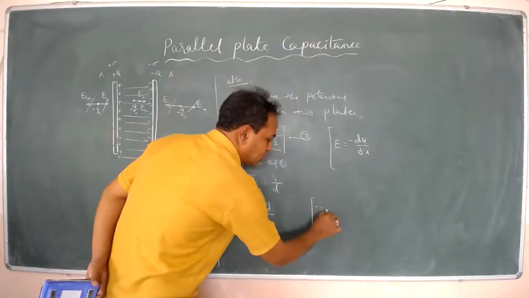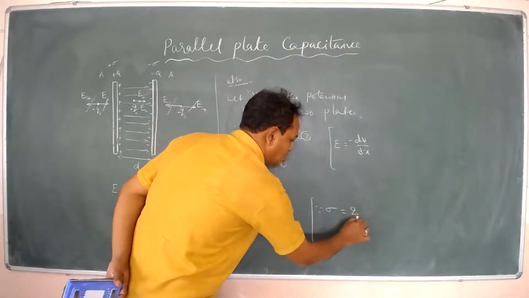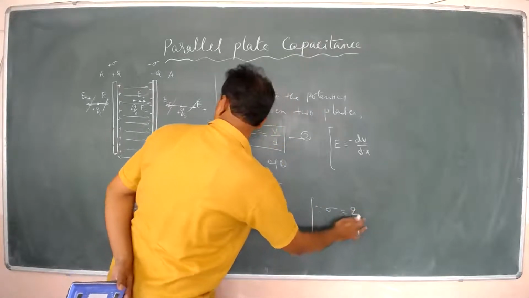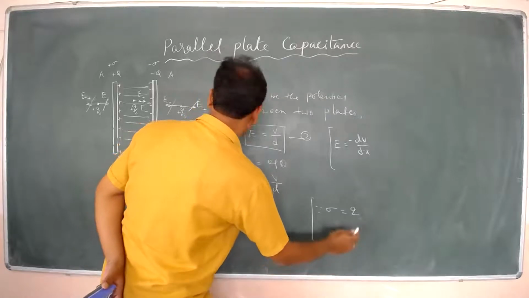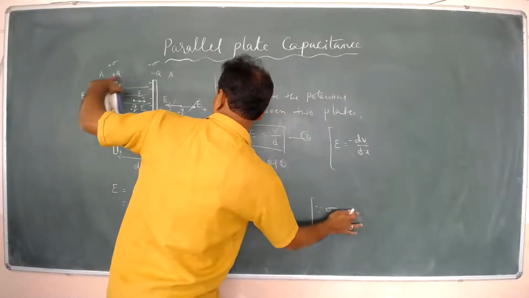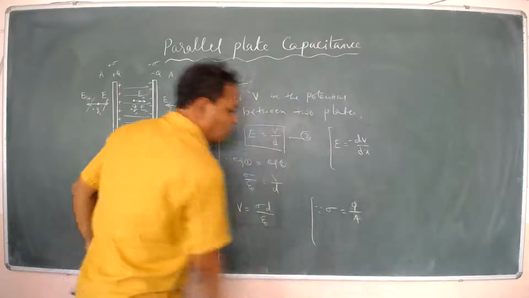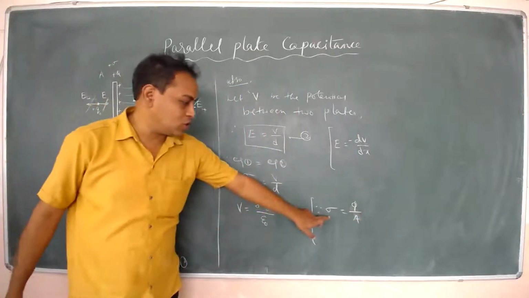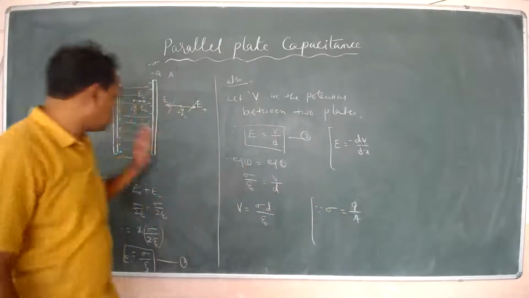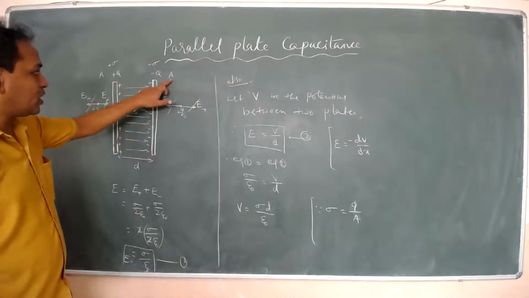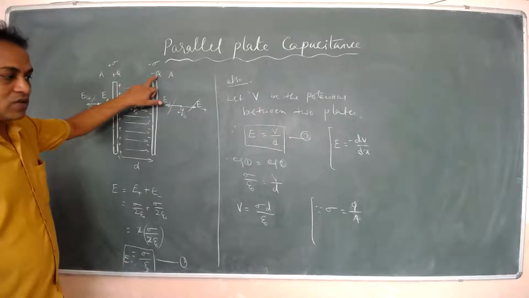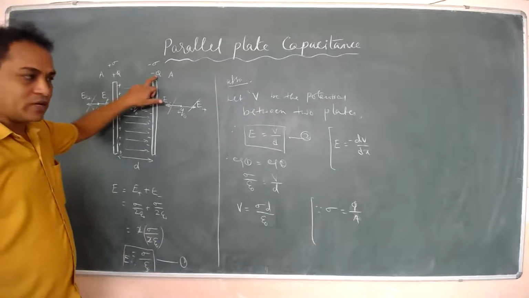We know that sigma is equal to charge by area. Here I have taken the charge as Q, and you know that surface charge density is equal to charge by area. Area is the area of the plate, which I have taken as A, and Q is the charge on each plate.